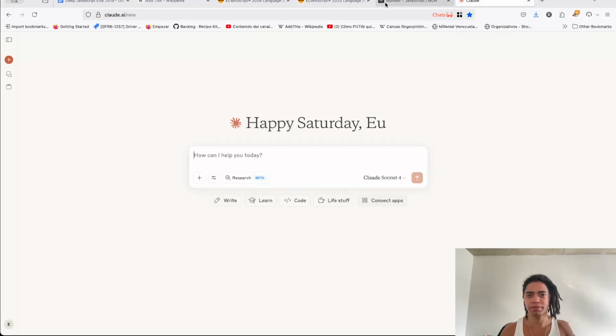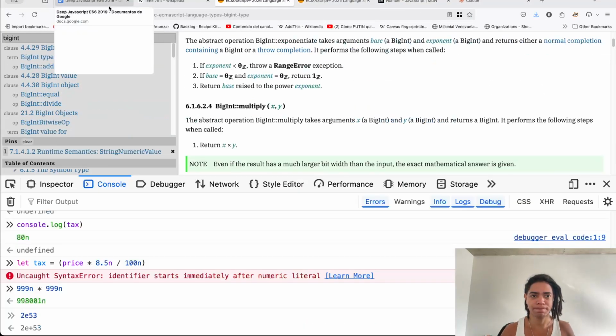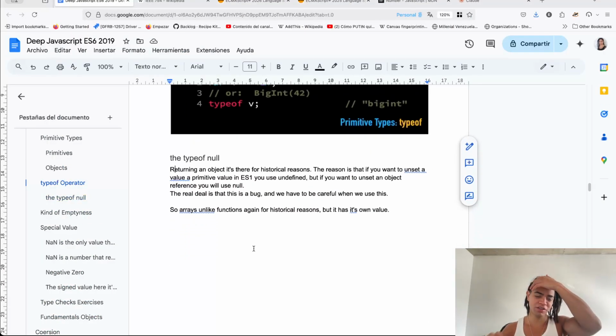So here we are. Now, why do we even care about this? Now that we know the historical reference: anytime you check the type of a variable assigned to null, it gives you an object.